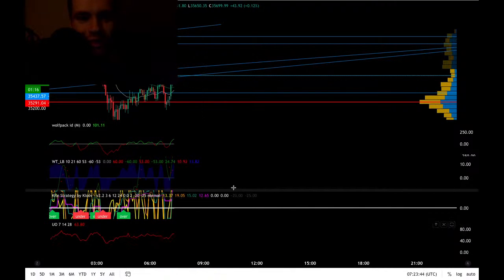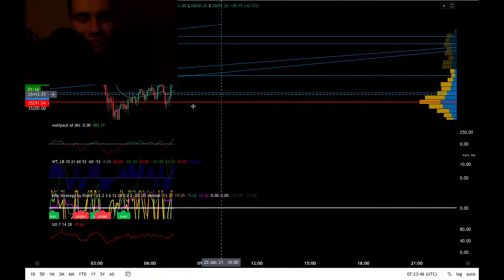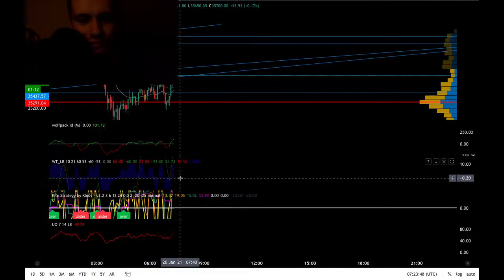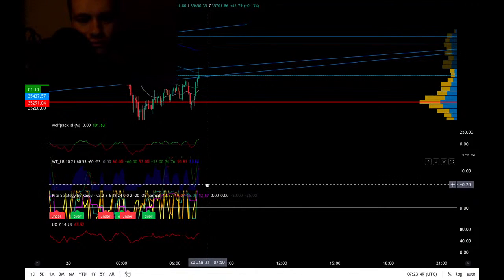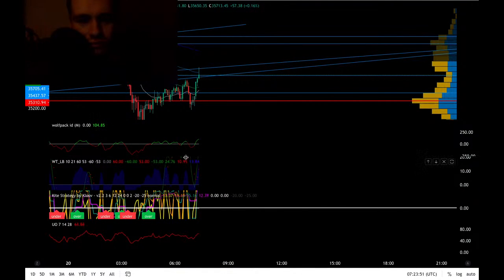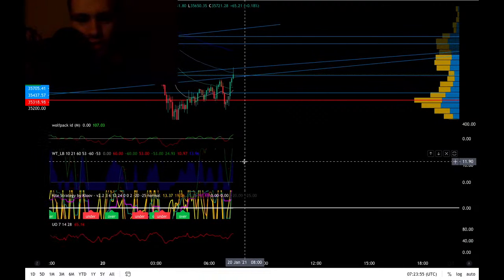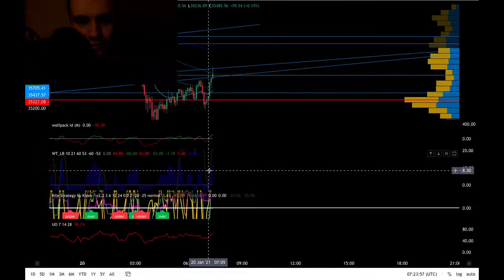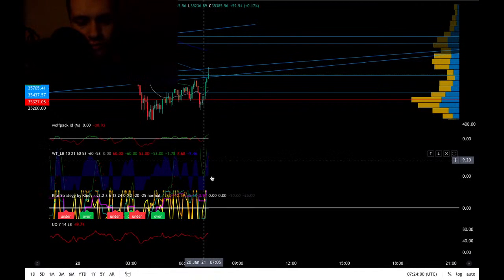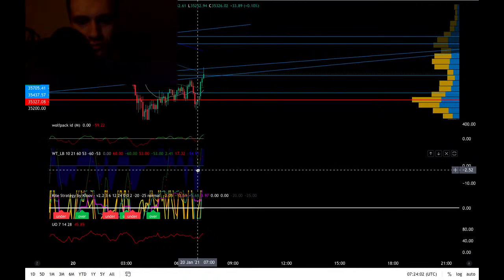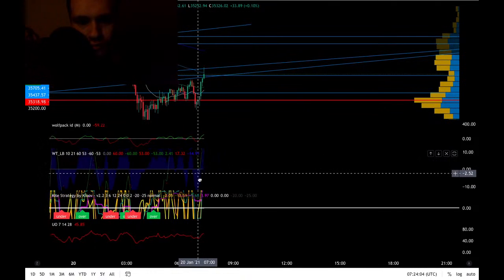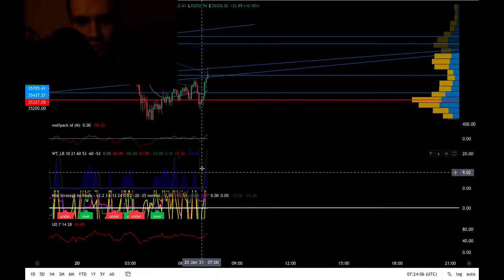a little bit, but how's the wolf trend looking? So we're in an uptrend.